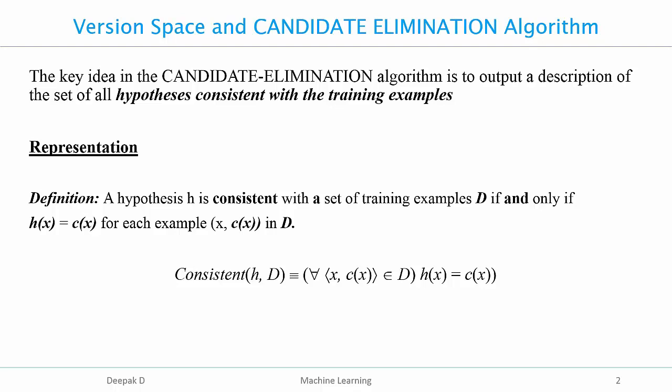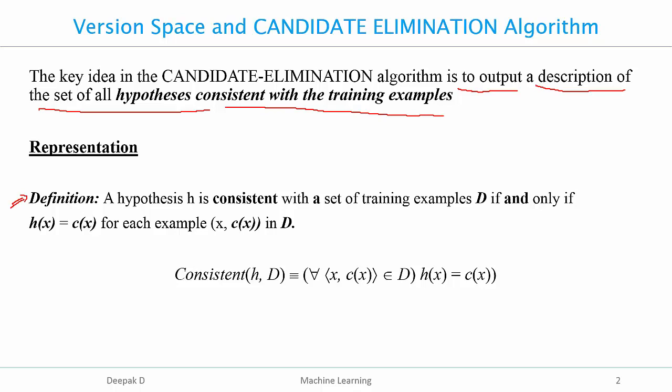You may have many hypotheses in H, but only one hypothesis that might fit the training data. So the key idea in the candidate elimination algorithm is to output a description of the set of all hypotheses consistent with the training examples. We shall see the definitions first.